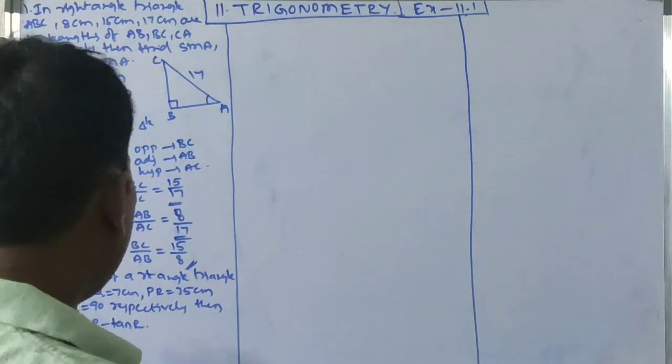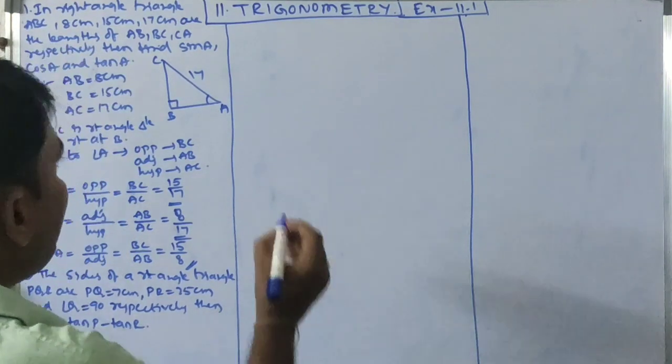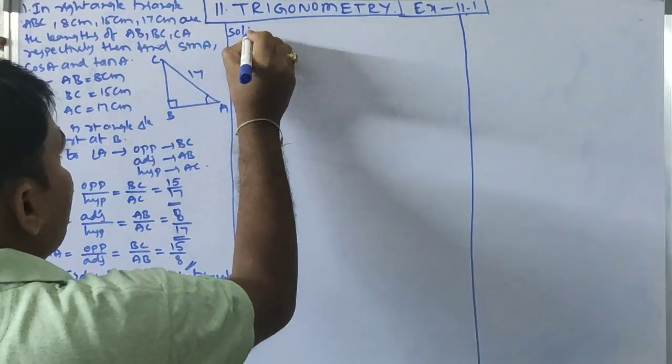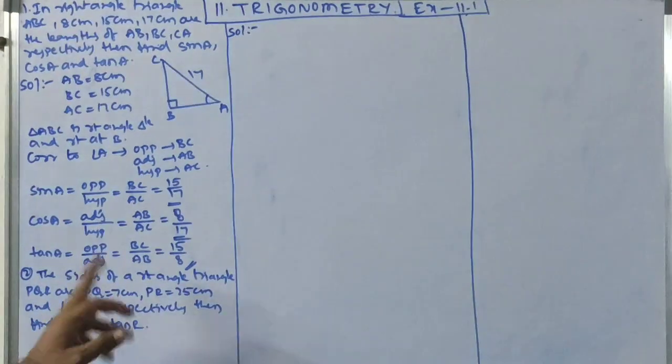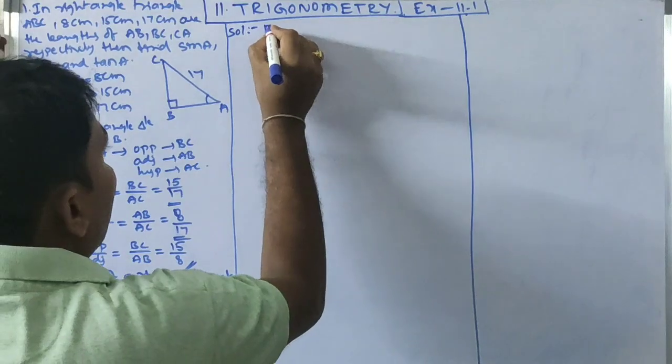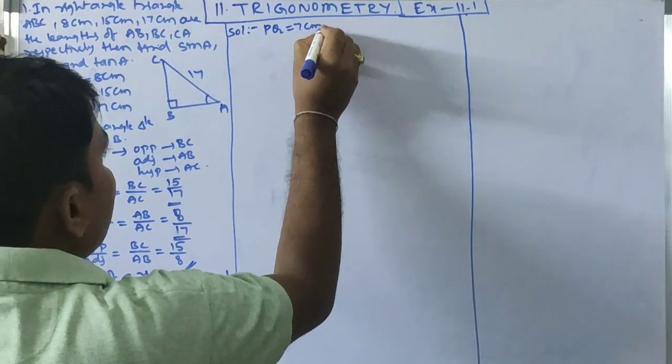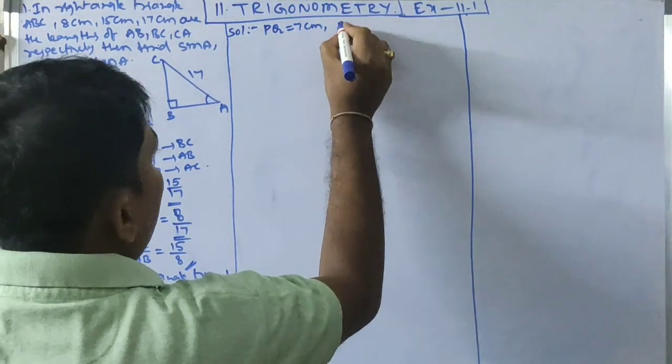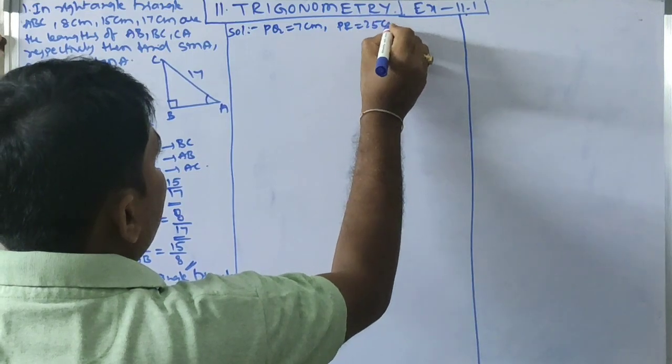First I want to draw the diagram. Solution. First, PQ equal to 7 centimeters. Next, PR 25 centimeters.